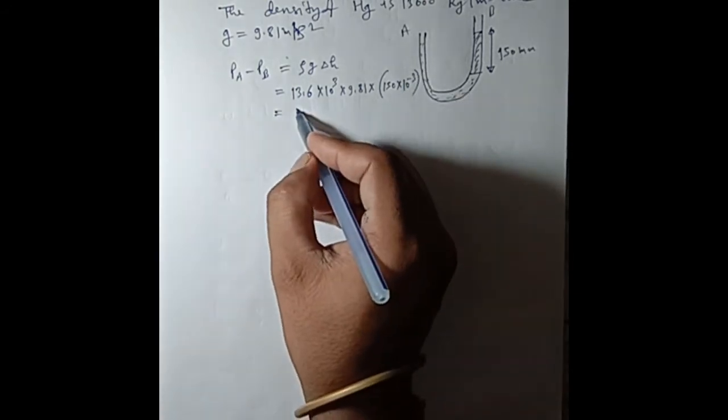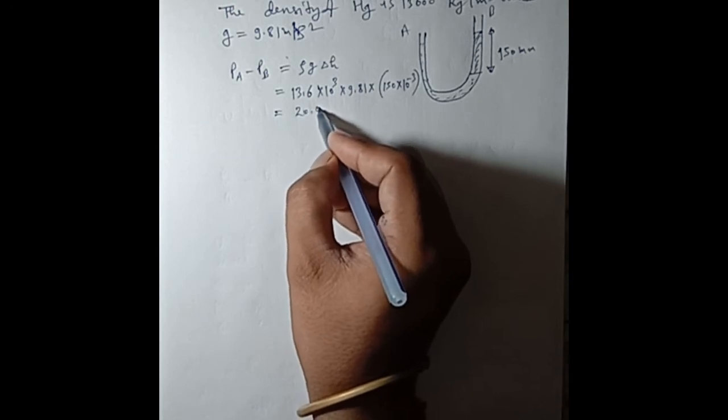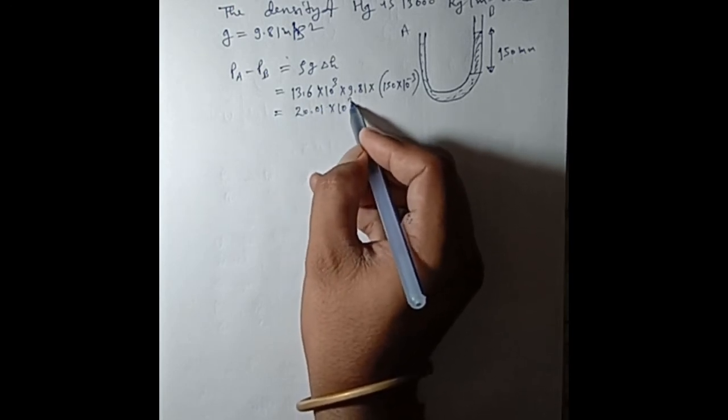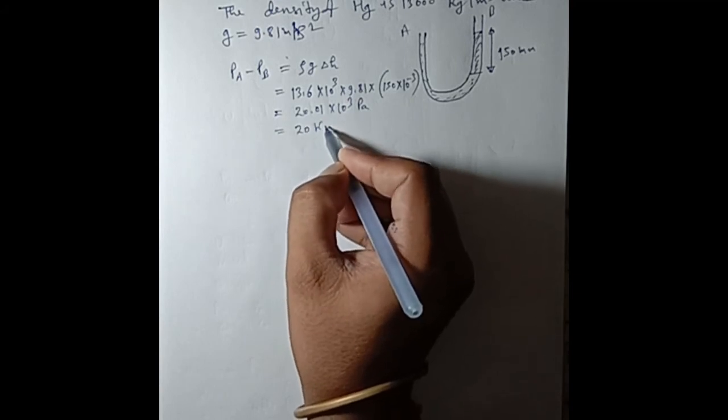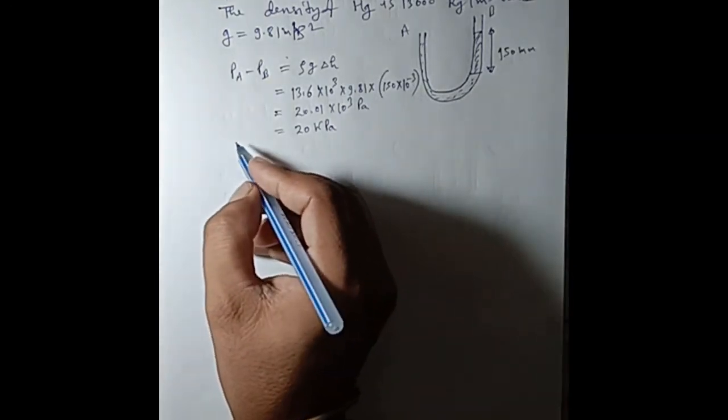Solve the above, we get 20.01 into 10 to the power 3 Pascal. Therefore 20 kilo Pascal. The pressure difference between two pressure limbs is 20 kilo Pascal.